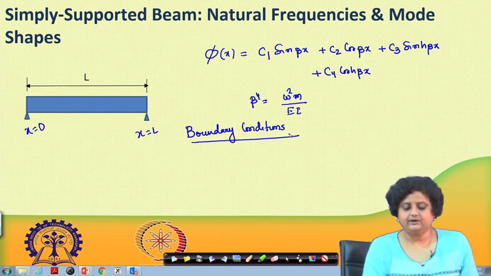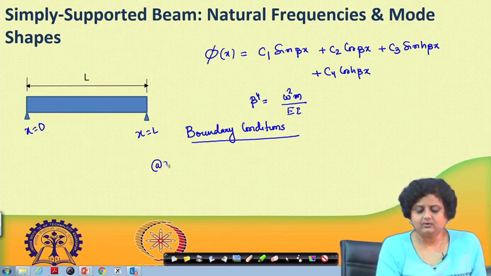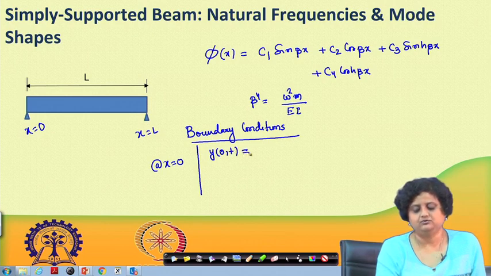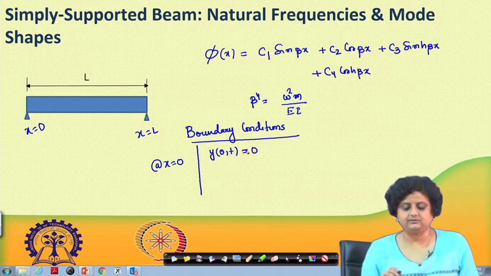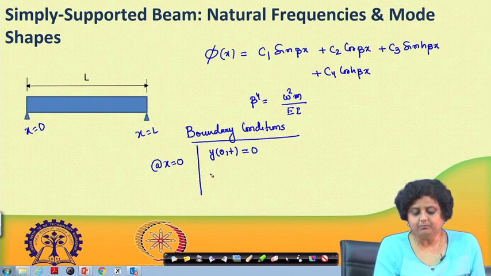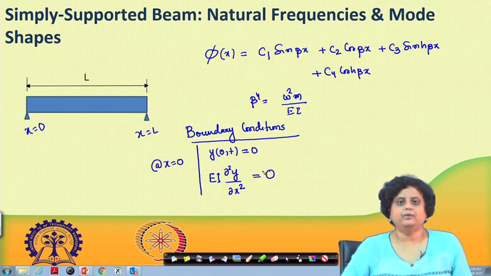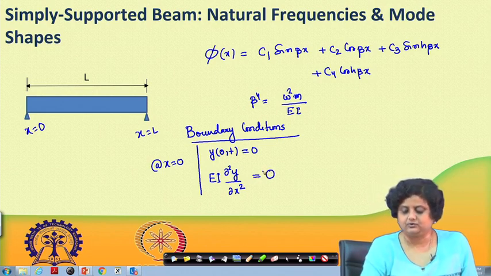The boundary conditions are at x equal to 0, y 0 t has to be equal to 0, because no displacement is allowed, and the moment is going to be 0, because no externally applied moment is acting there. So, these are the two boundary conditions at x equal to 0.